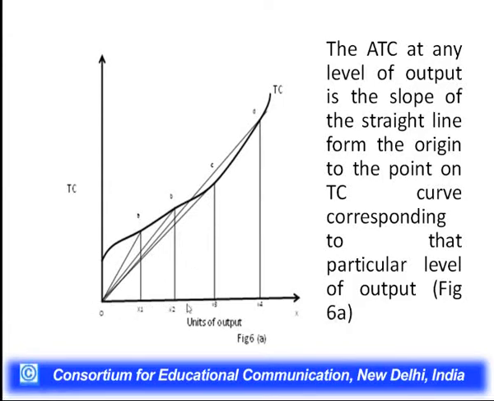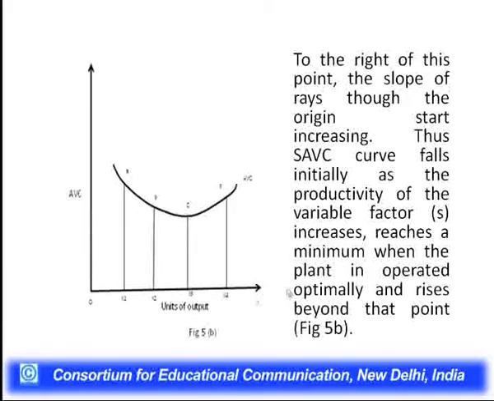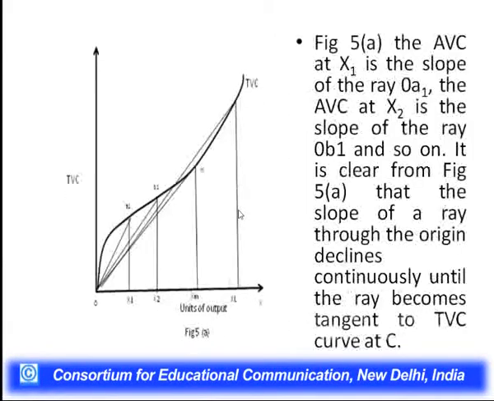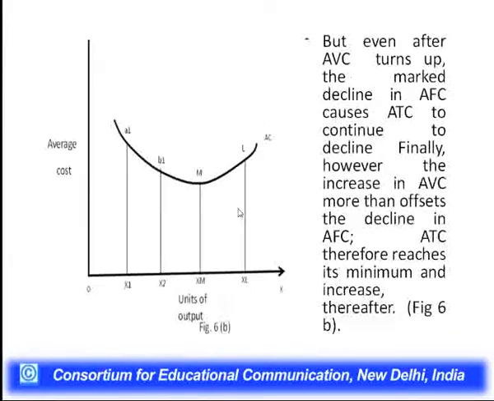So till you reach the level of output XB, you find that this average cost will go on declining, and after that it will go on increasing. And this AC has been shown in figure 6b. At level OXM, AC is the minimum, and after that it has started rising.